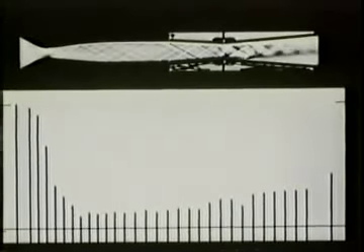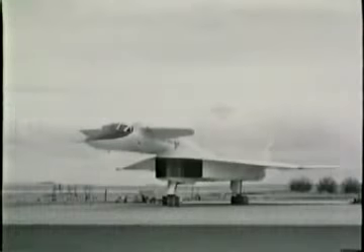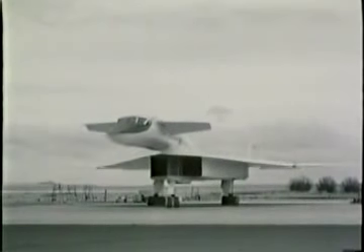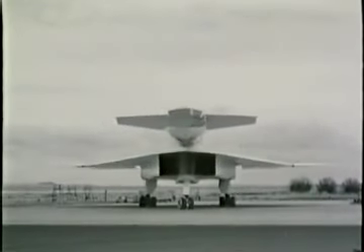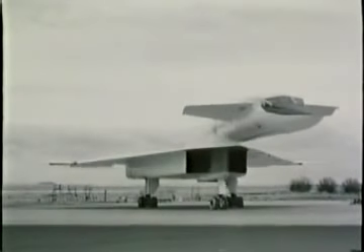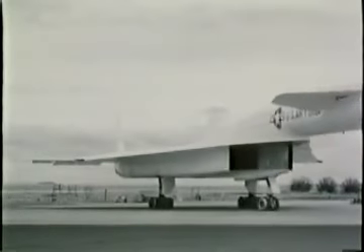Here we are looking down the throat, so to speak, of an engine inlet designed to operate at Mach numbers up to 3. This wind tunnel model of the same inlet duct has the top plate removed to show the means provided for varying the geometry in order to improve the pressure recovery.